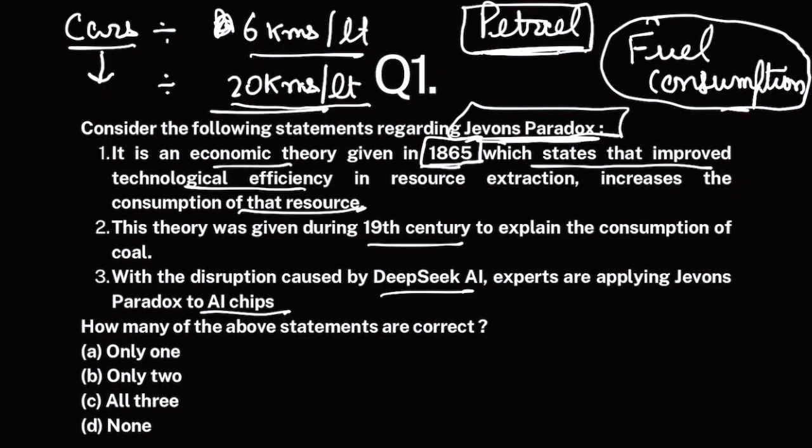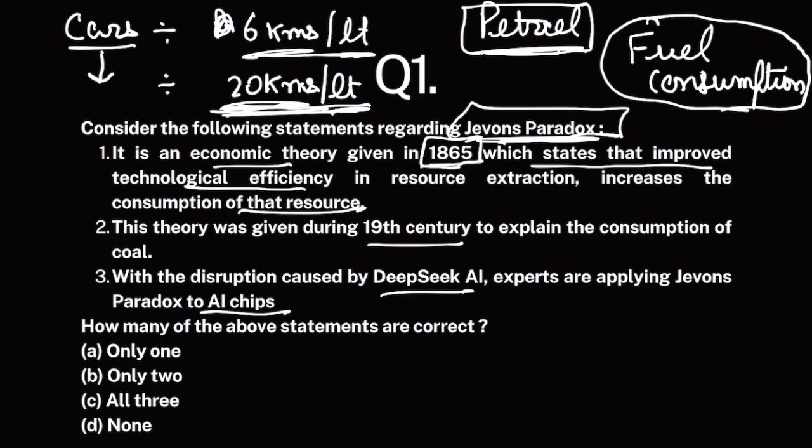Because technology has improved, fuel has become more efficient and fuel has become more cheap. By cheap I mean that earlier, to travel 6 kilometers you had to pay for 1 liter of petrol. Now to travel 20 kilometers you need to pay for 1 liter petrol, right? So your cost should come down.